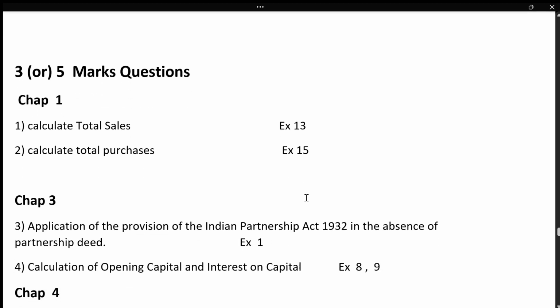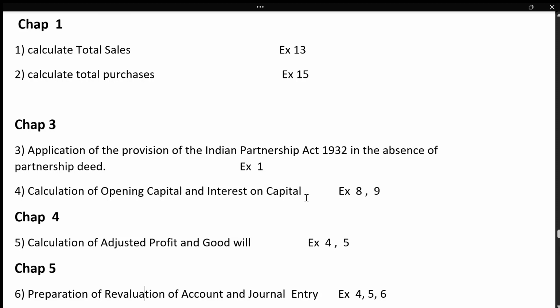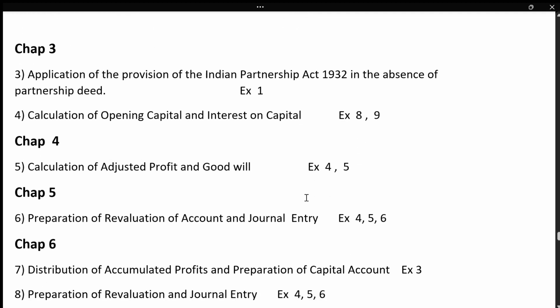And application, if the partnership deed is silent, how they will apply according to the Partnership Act. Some cases will be given. That is exercise 1. You go through that. And next, calculation of opening capital and finding the interest on capital may be asked in 5 marks or 3 marks.